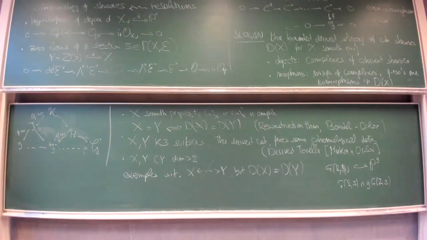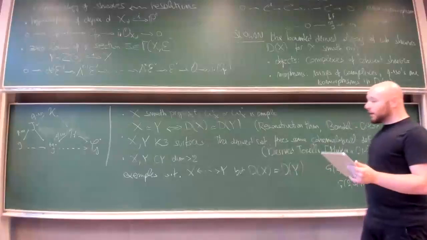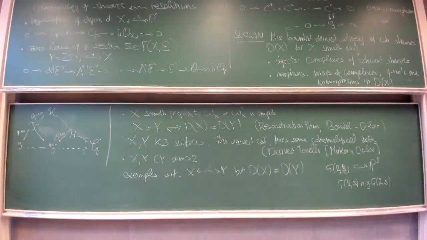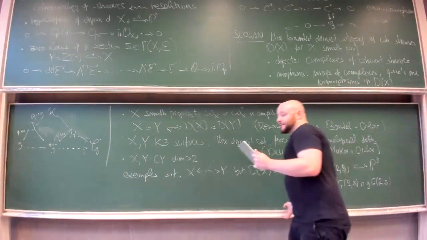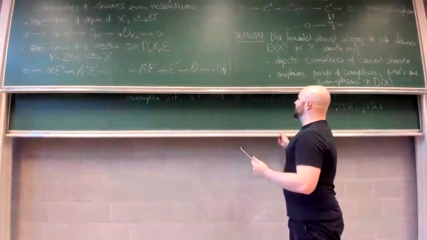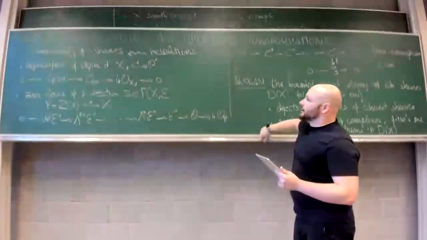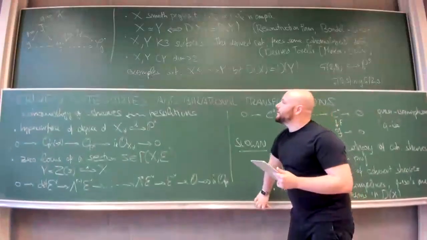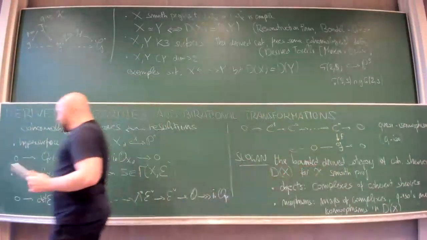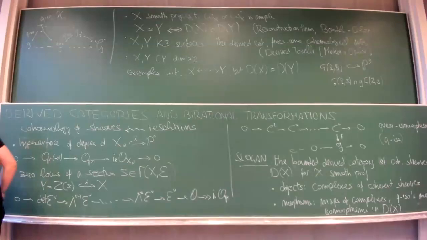So at this point, since we have different kinds of behavior for different kinds of varieties, what is the goal? The goal is to find the birational maps which preserve the derived category.